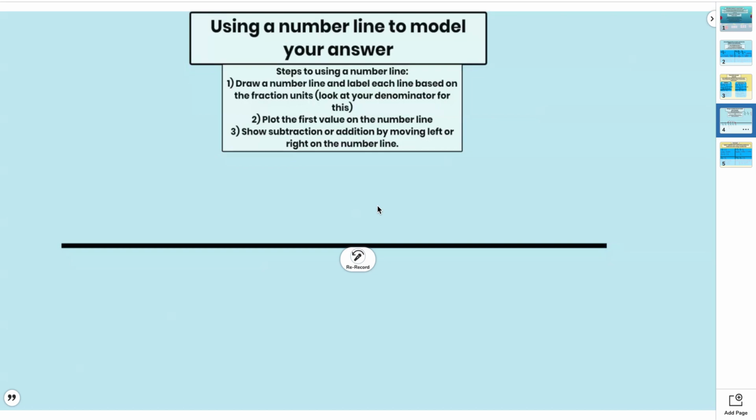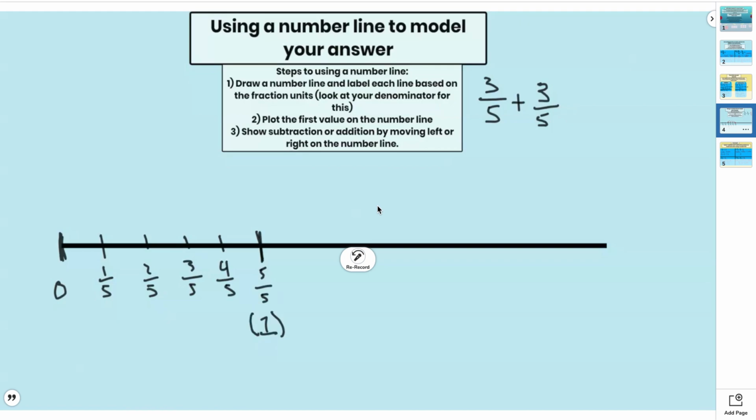Let's say I have 3 fifths and I want to add another 3 fifths. I have 0 at the start. And I'm going to mark 1 fifth, 2 fifths, 3/5, 4/5, 5/5, or this is also going to be 1.